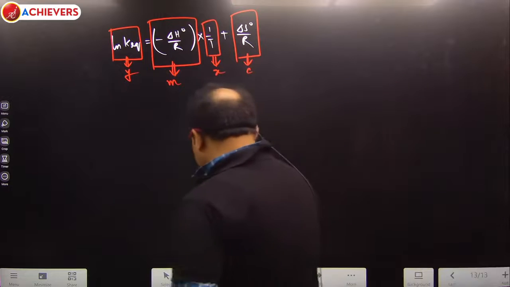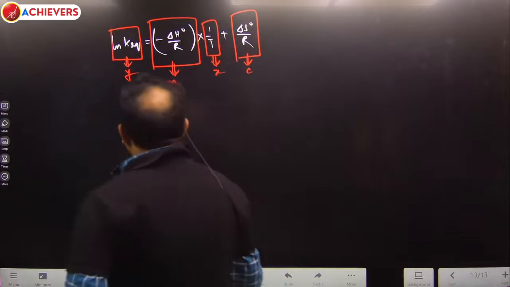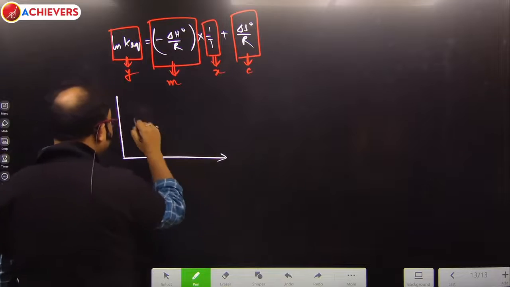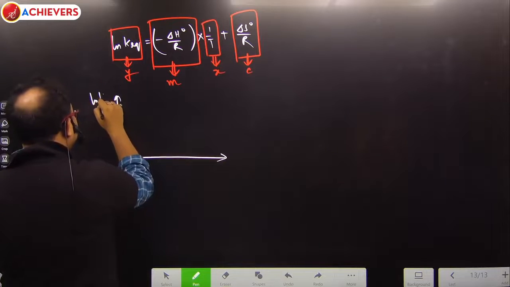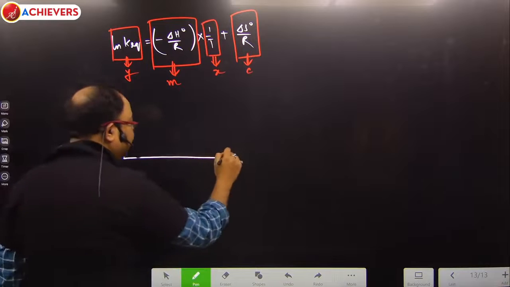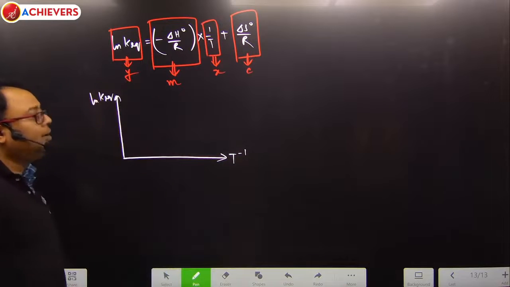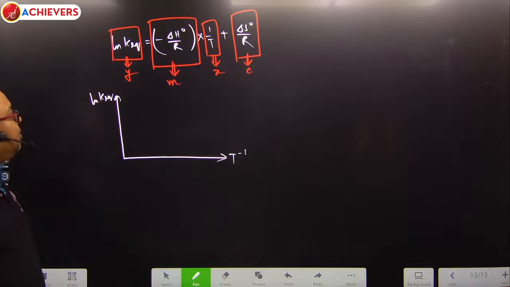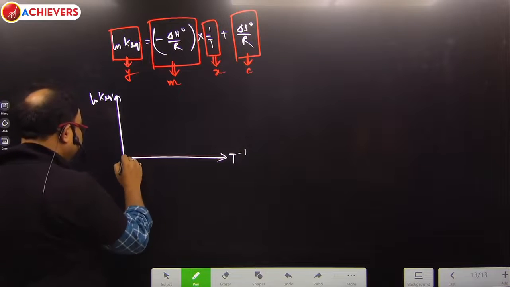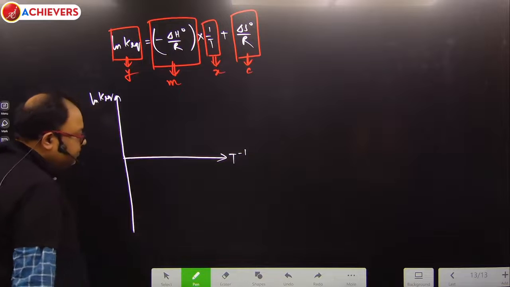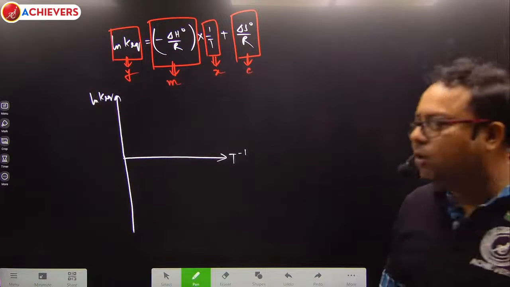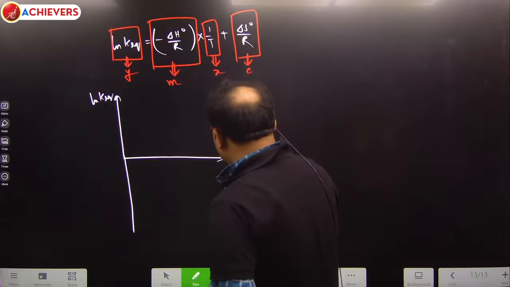So from here, one can say that if we plot ln Kq with respect to 1 by temperature, T to the power minus 1, then we are going to get a straight line. And a straight line can exist only in the first and the fourth quadrant.